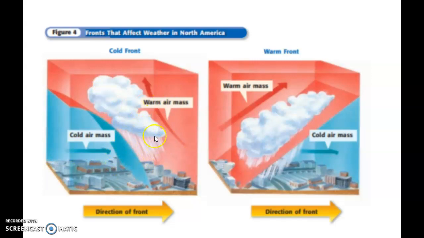Now, when we move over to the warm front, this normally forms where warm air moves over cold or denser air. As you can see in the image here, it's pushing up on the colder air mass and is moving up. And again, the direction of the front is towards the right.